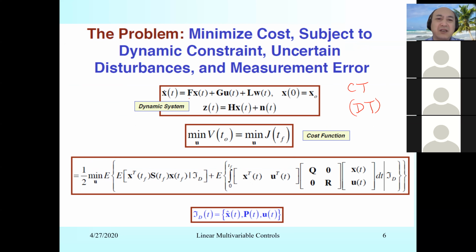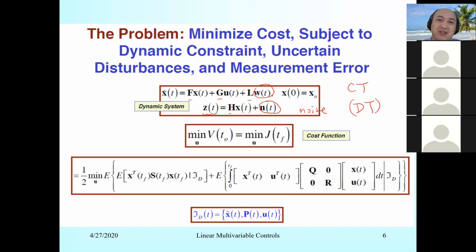These are the time constant matrices. Z is my output, but on the output I have a noise term, and W here is also a noise.